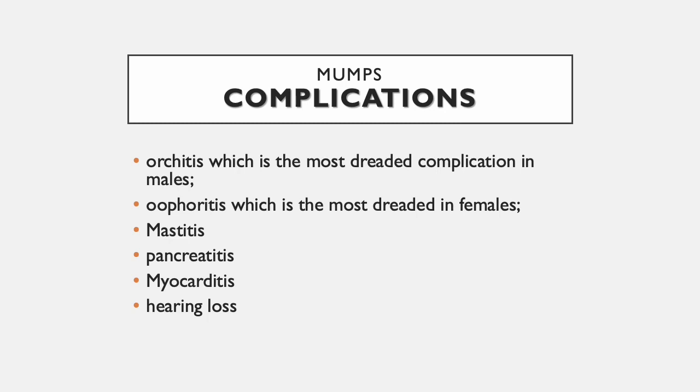Complications, ayan, isa pa rin tong mumps. So, habang tumatagal, among older clients, mas nagkakaroon ng complications. Now, for men, and this is the most dreaded complication, okay, is orchitis. Orchitis is inflammation of the testis, okay? So, it can also lead to impotence. For women naman, it's oophoritis.